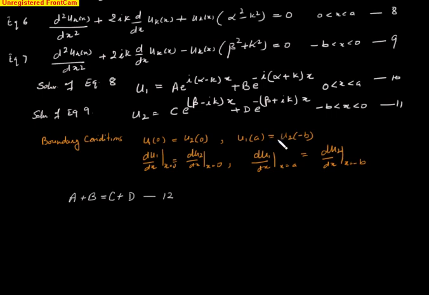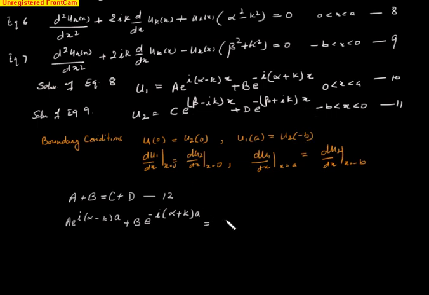Now for the second equation, I have to put a firstly in u1, then I will get a e^(iα − k) times this thing, plus b e^(−iα + k). Here x I have to put a, because in u1 I have to put a, and in u2 I have to put minus b.